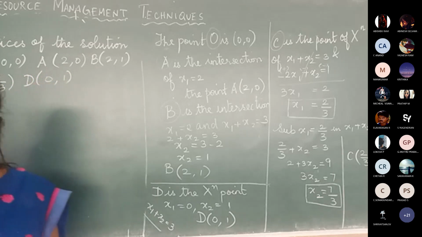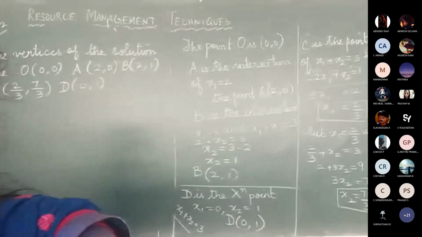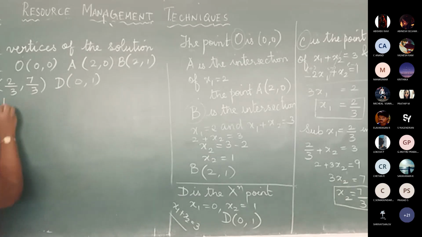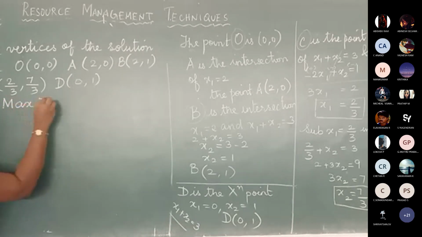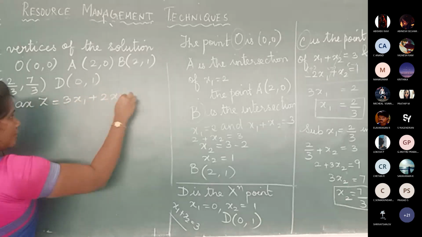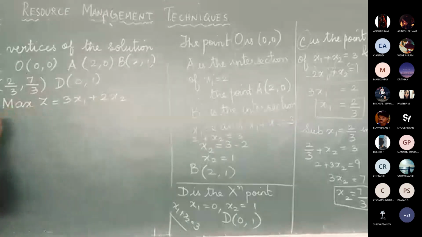Okay. Now in your question they've asked you to find out your maximum value. What was your first question? You have to find max Z is equal to 3x1 plus 2x2. So write all your vertices which you've got.